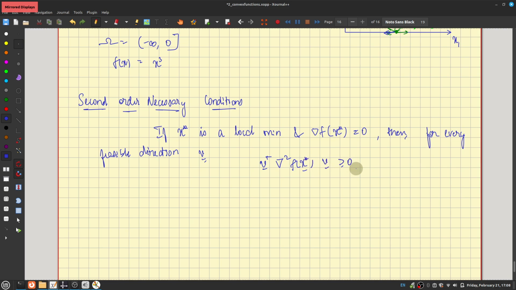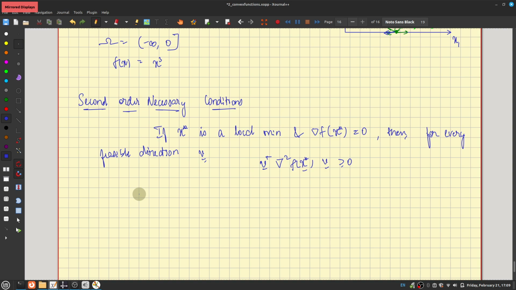This should be greater than or equal to 0. It can be equal to 0.